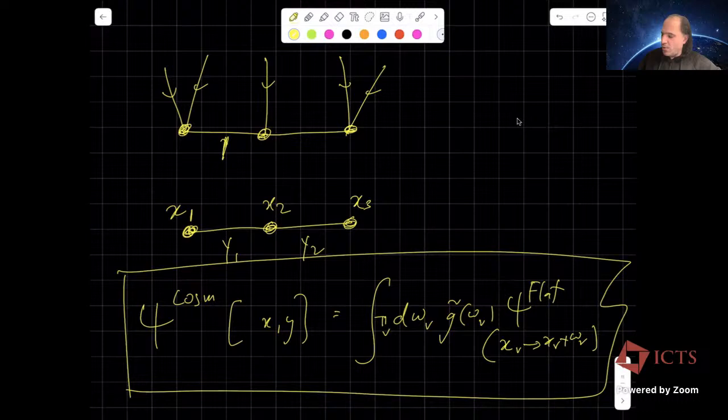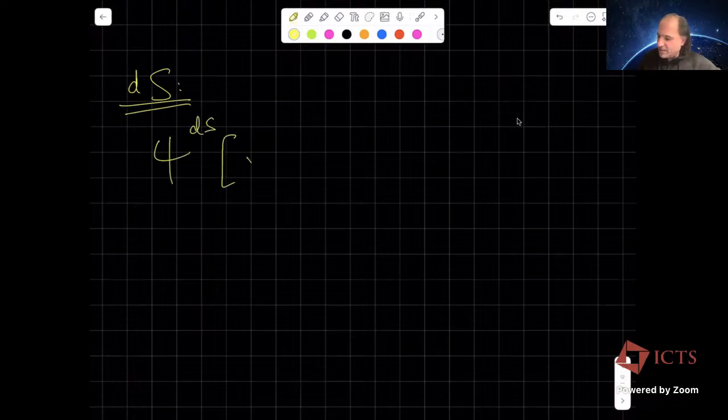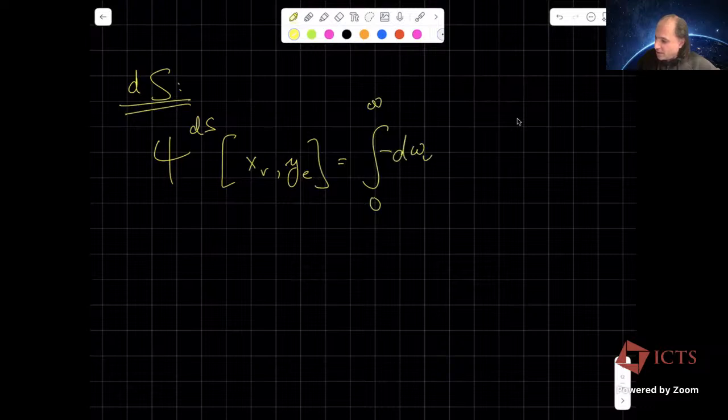For example, if you're doing de Sitter space, the wave function in de Sitter for this model, again as a function of the x's and the y's of the edges, is literally the integral from 0 to infinity d omega for each vertex times the flat space wave function, where all of the x's are shifted by x plus omega.